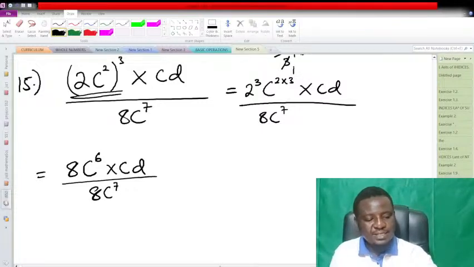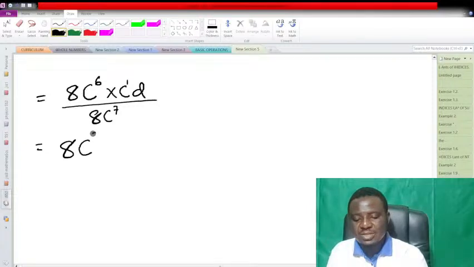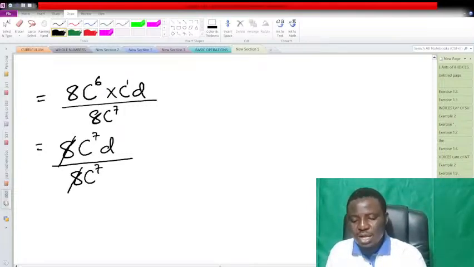Multiply out the coefficient, this is 8c raised to the power of 6 plus 1, that's c raised to the power of 7 d all divided by 8c raised to the power of 7. 8 will cancel out itself. c raised to the power of 7 divided by c raised to the power of 7 is 1. So our answer is said to be D.